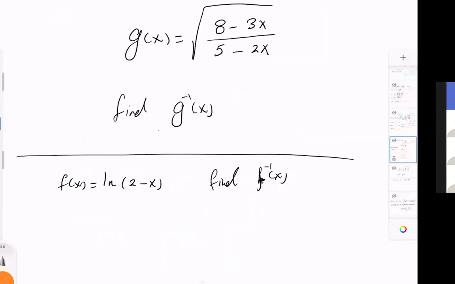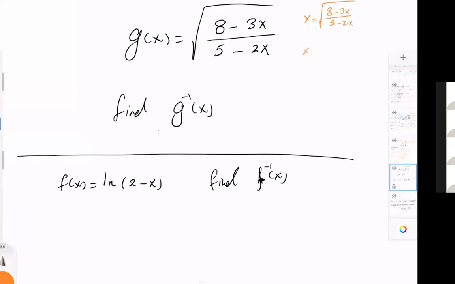Find the inverse. You have an inverse question. You know the rule. We did one inverse question for finding the range, but in order to find the inverse, step one: we say y equals radical of 8 minus 3x over 5 minus 2x.